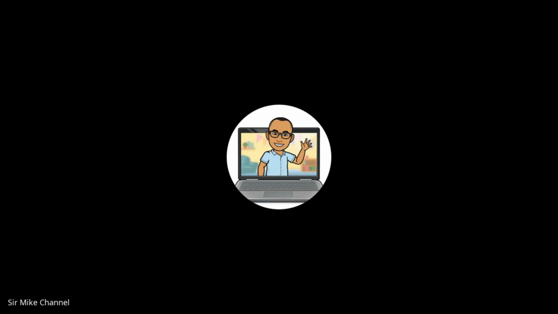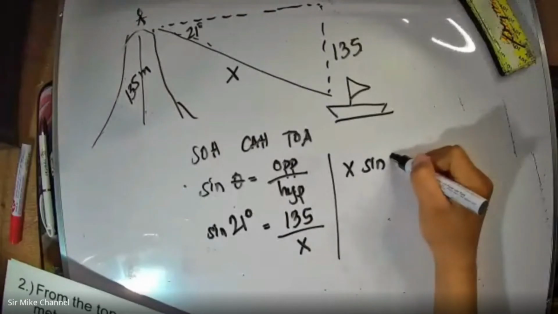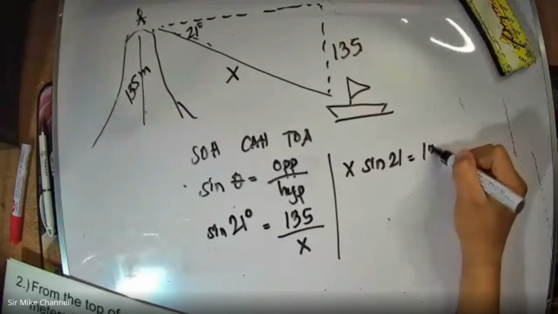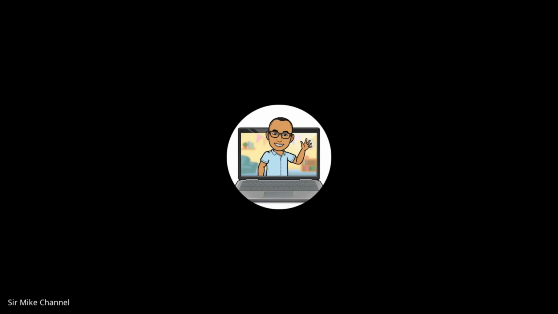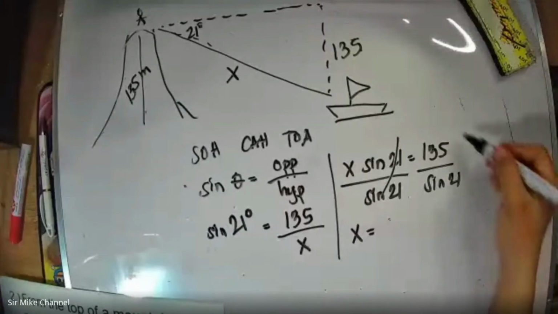Cross multiply, so we have x sine 21 degrees is equal to 135. To get the value of x, divide by sine 21, so sine 21 cancels out.